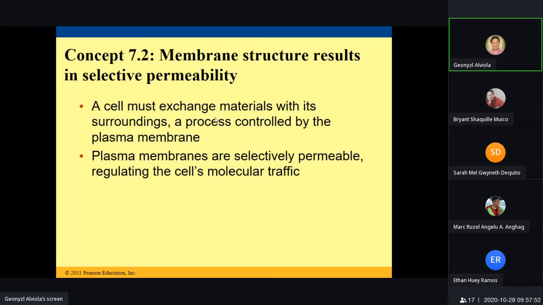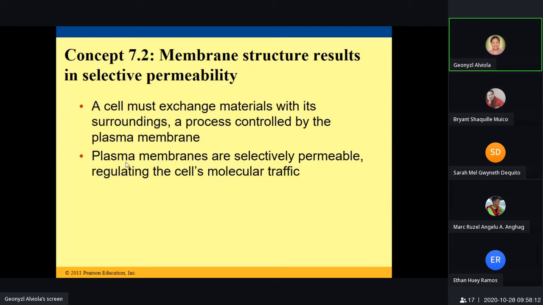So, a cell must exchange materials with surroundings. So, the cell itself needs some nourishment coming from our food that we eat. So, kailangan ang plasma membrane are selective.